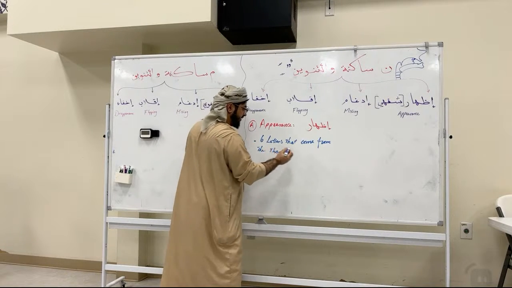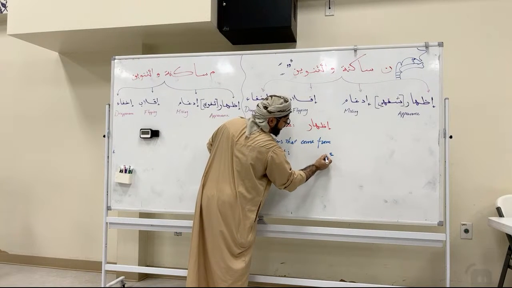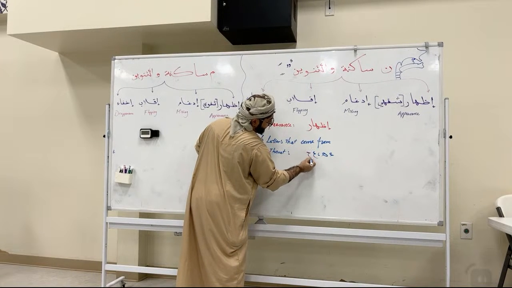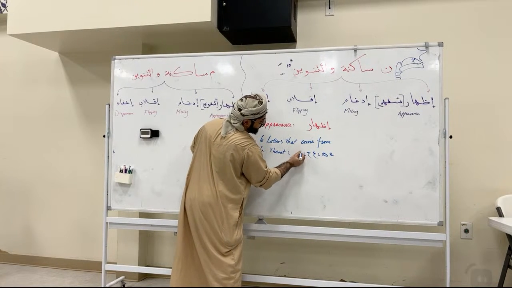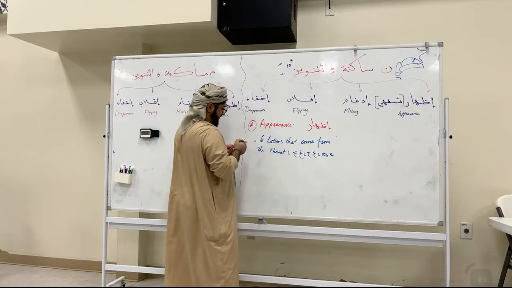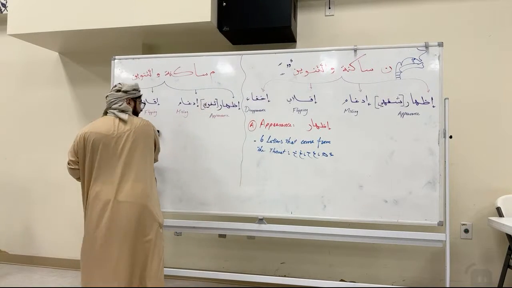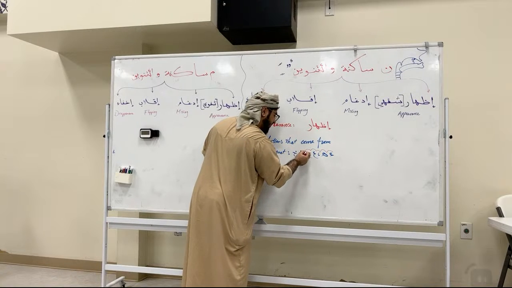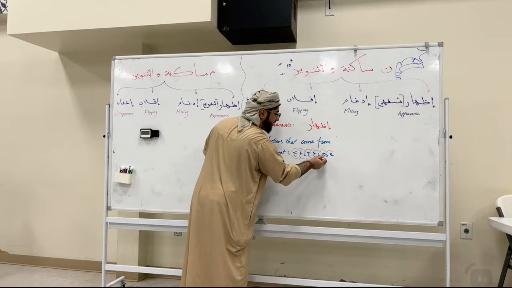What are they? Hamzatun, ha. Aynun, ha. Ghaynun, kha. Do not forget these. These are the letters of idhar.